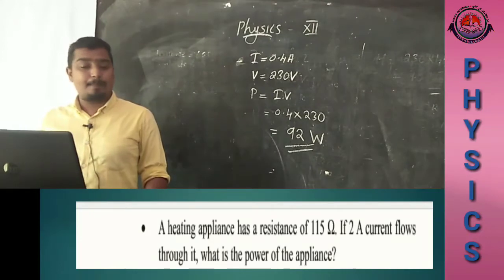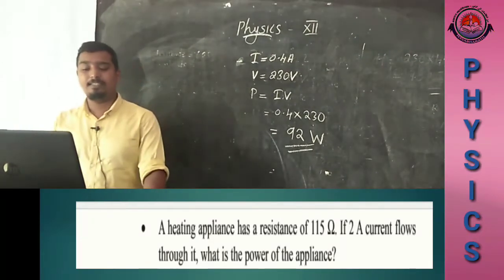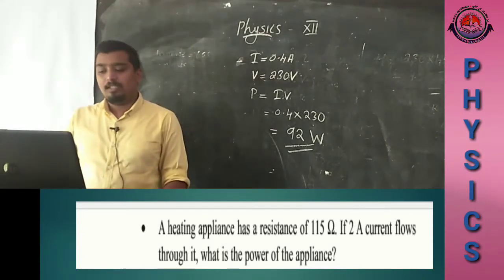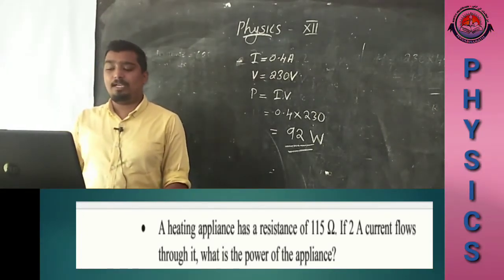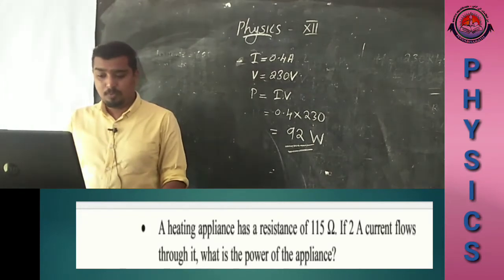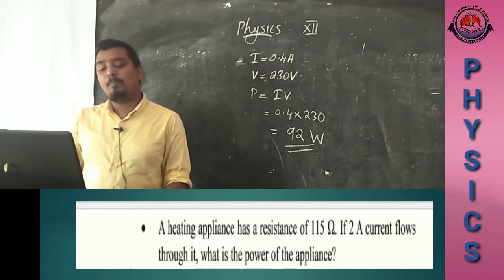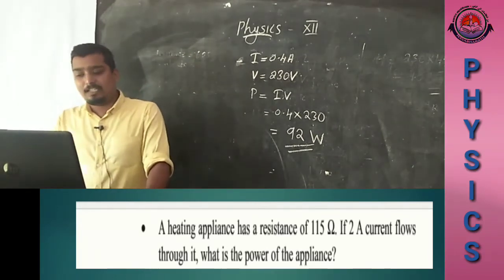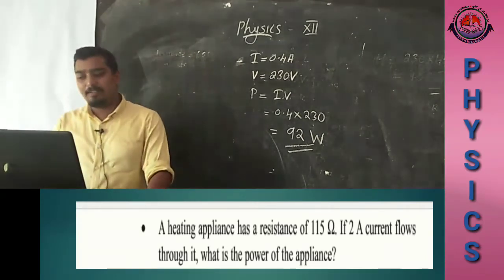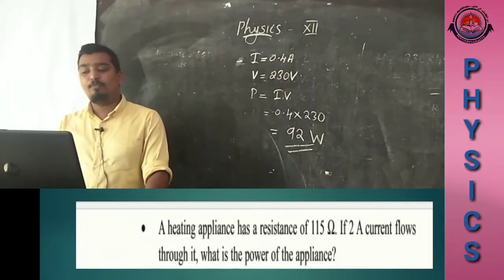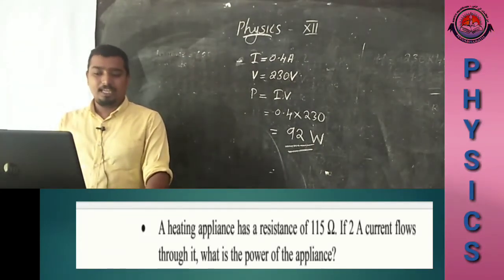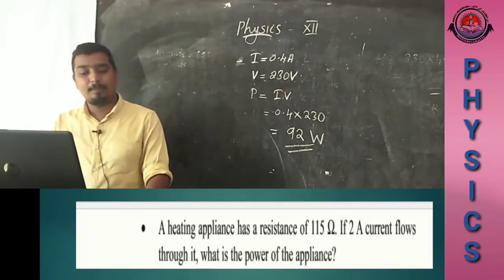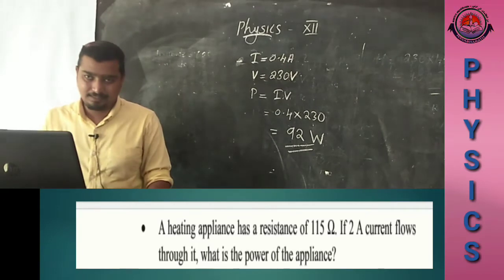A heating appliance has a resistance of 115 ohm. If 2 ampere current flows through it, what is the power of the appliance? I repeat, a heating appliance has a resistance of 115 ohm. If 2 ampere current flows through it, what is the power of the appliance?